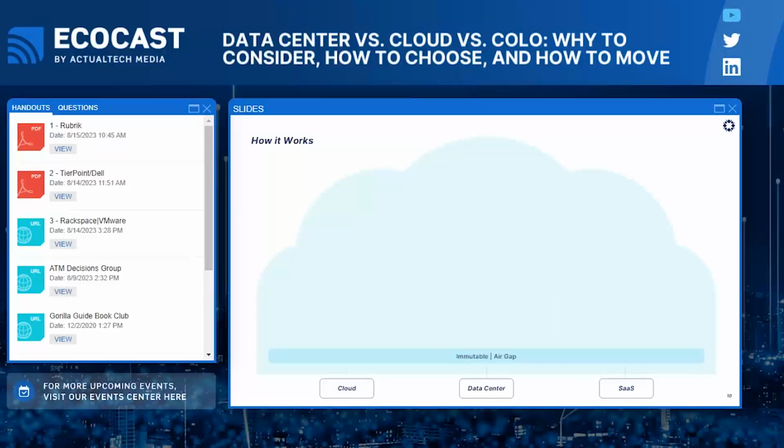So if you can provide a single fabric that's immutable and air gapped, and then layer on top of that insight about the data, because keep in mind, your backup environment is the only place in your enterprise where you have multiple copies of the same data across days, weeks, and months.